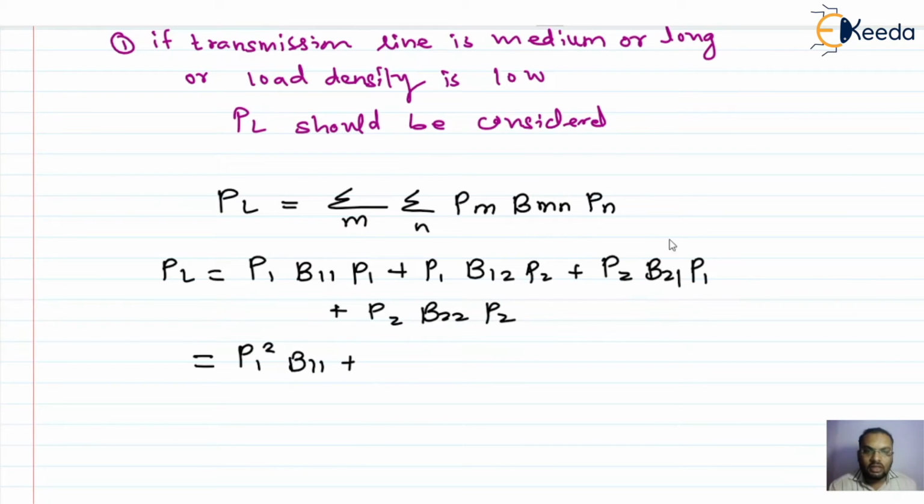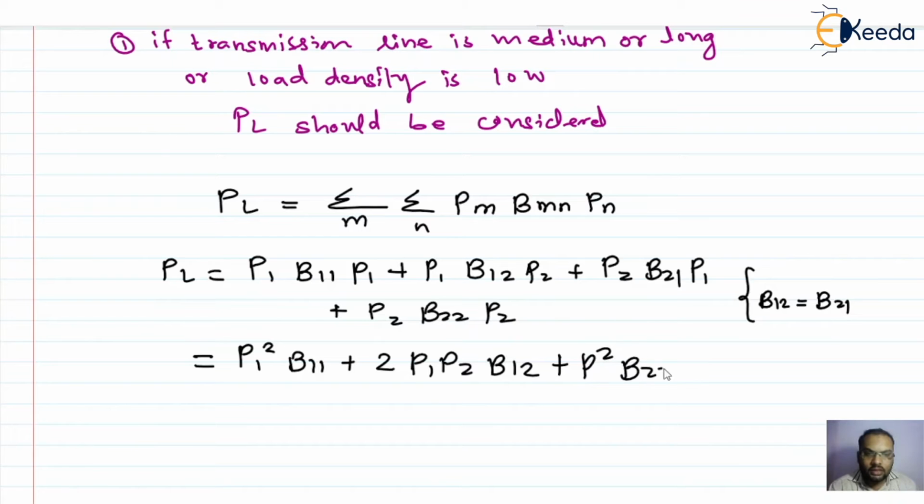Plus, B12 and B21 are the same. So let me write as a comment, B12 is same as B21. Since both are the same, and this is P1 P2, we can write 2 P1 P2 B12. Again the last term is P2 square B22.